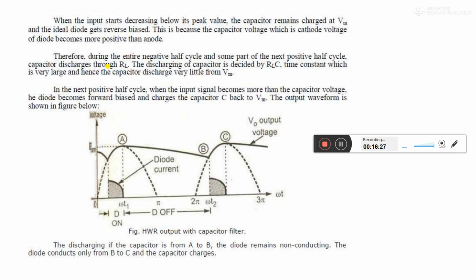The output waveform is repeated as shown in the figure. While the capacitor discharges from A to B, the diode remains non-conducting. It is off. This is called discharging of a capacitor. The diode conducts only from B to C, the rising portion of the input cycle.